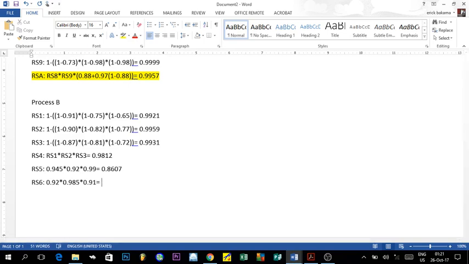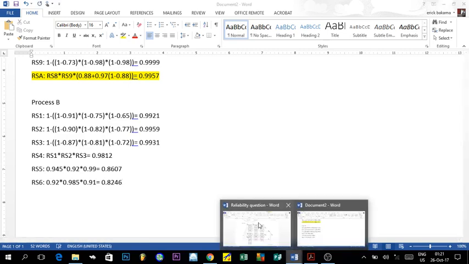Now in this case also the answer that you get is 0.8246. Again, as I'm saying, you must be able to round your answers correctly. Now RS6, make it 0.8246.